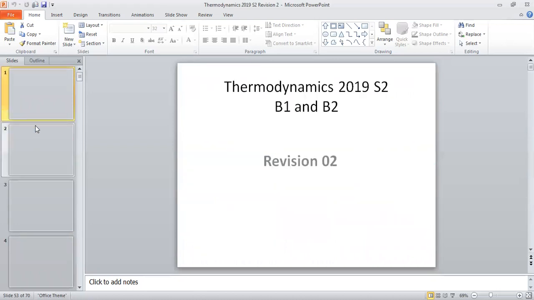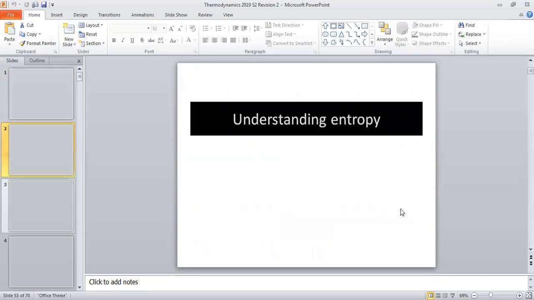See, thermodynamics B1, B2, understanding entropy. This is very important. The conservation of energy and energy balance are quite phenomenal, and you can do the calculation to have the energy balance, energy audit, whatever.